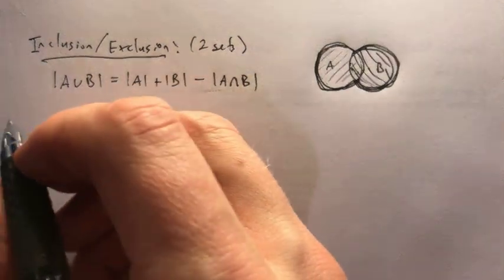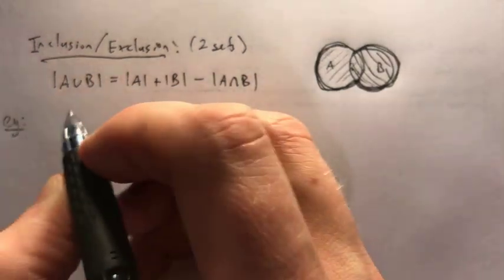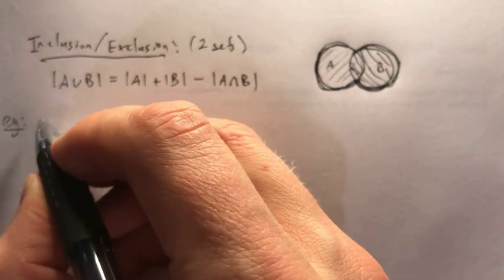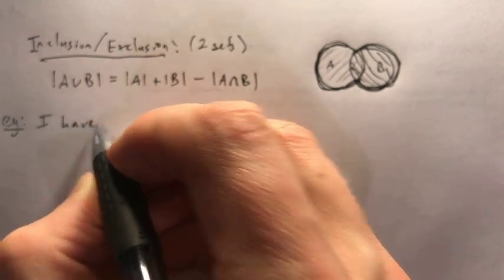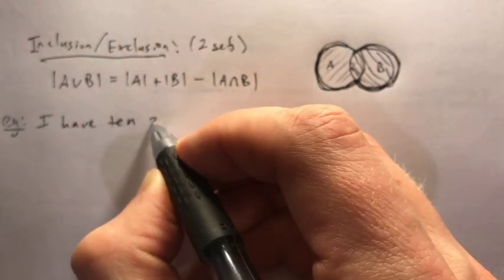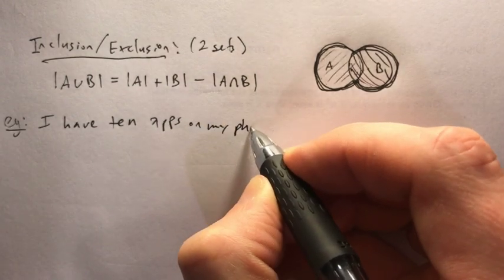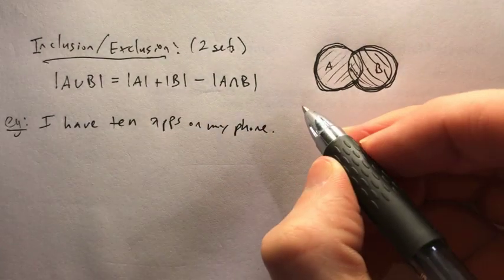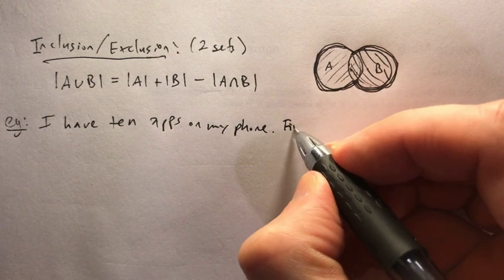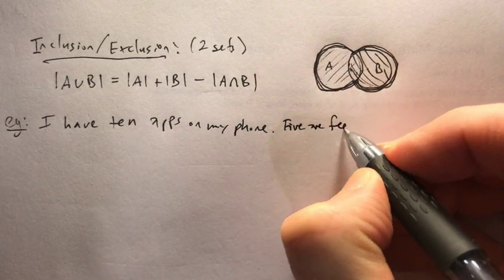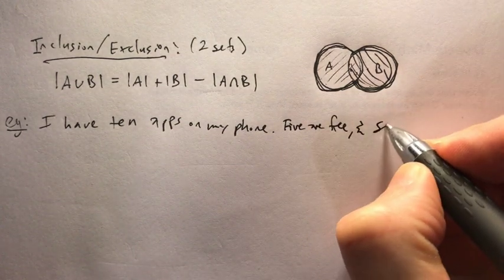So example 1. Let's say that I have 10 apps on my phone. Five are free, and 7 are games.